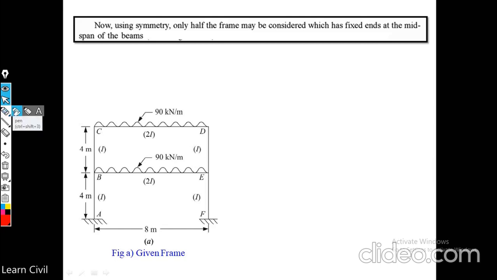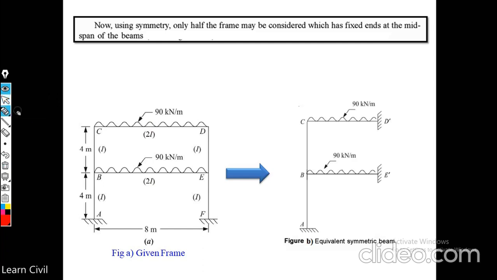Next, as you can see, this particular frame is symmetric about an axis which is passing through the midspan of beams CD and BE. Therefore, we can modify this particular frame so that we can take advantage of its symmetry. The equivalent frame will be something like this, where we consider D and E as fixed supports, and these are at the midspan of spans CD and BE.